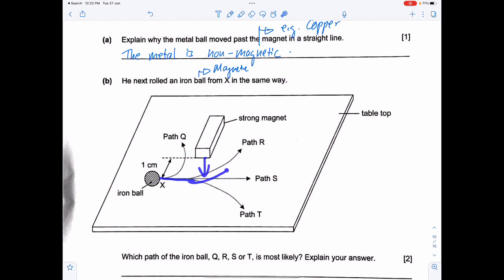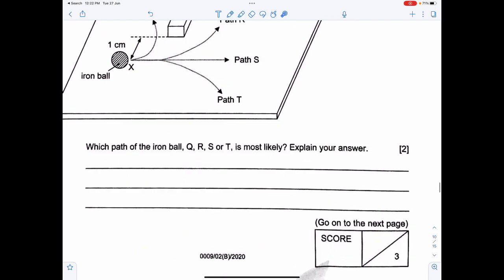So there is a trajectory it must follow. If it's so strong, it should look like this, straight away attracted. But that wasn't given as an option. So this is a reasonable option whereby the point of attraction is strongest here, it causes the ball to curve. So your answer is actually R.